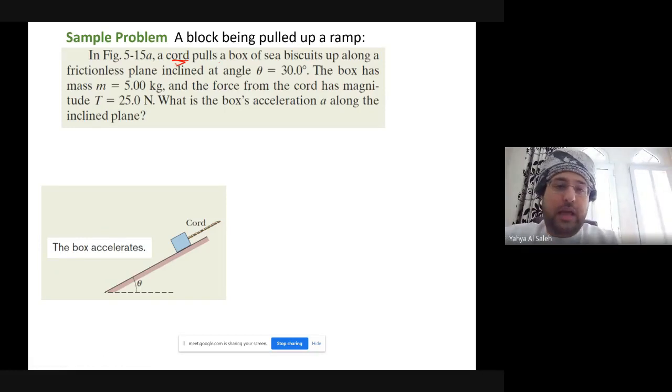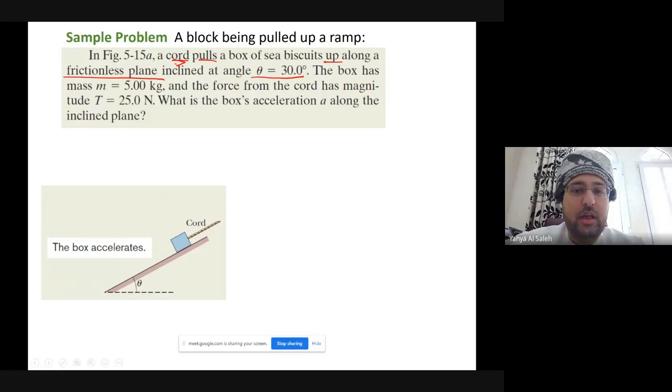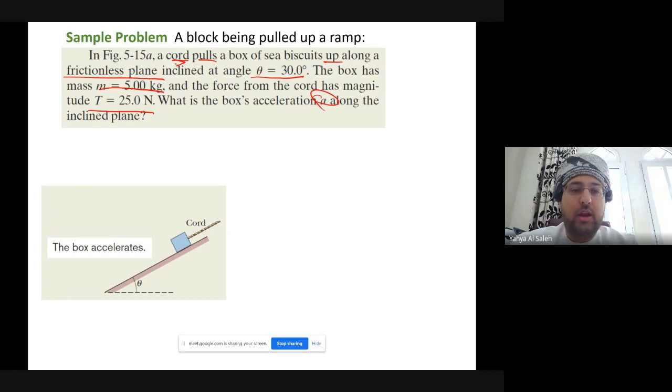I will underline some important things. It pulls up a frictionless plane inclined at angle theta equals 30 degrees. The box has mass m equals 5 kilograms, and the force from the cord has a magnitude of tension equals 25 newtons. What is the box's acceleration along the inclined plane?